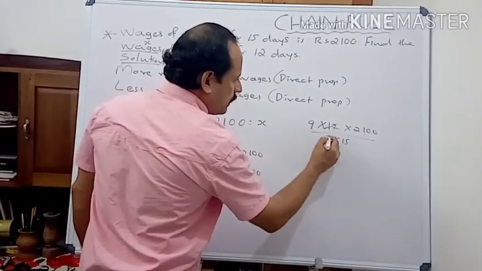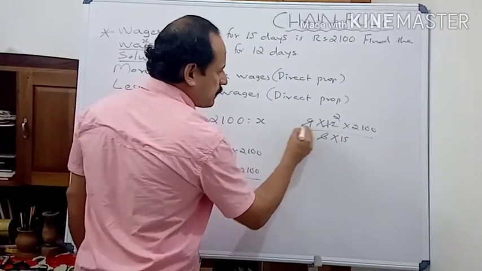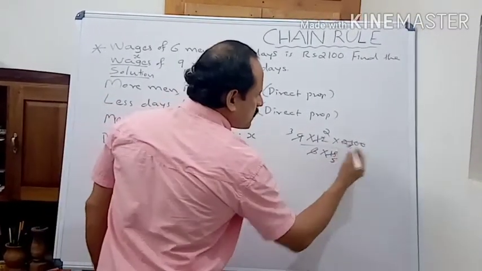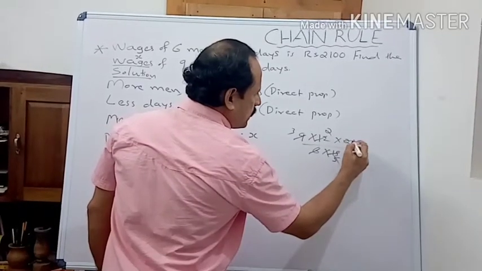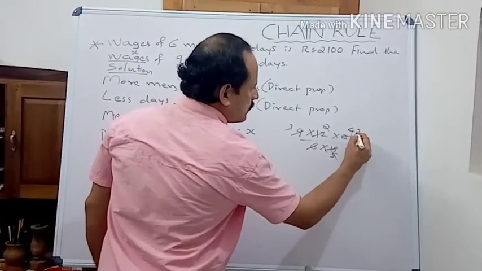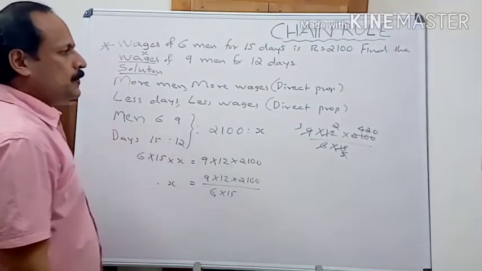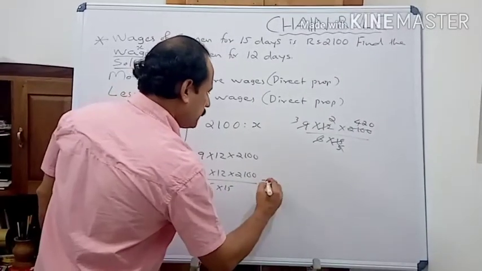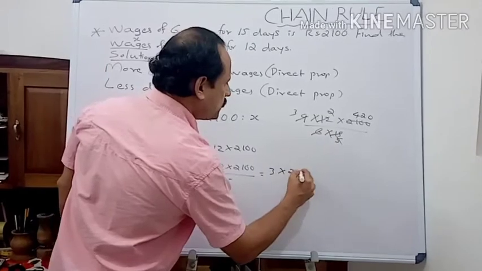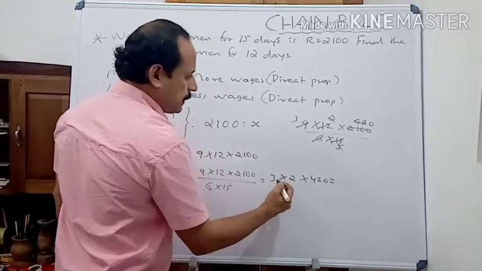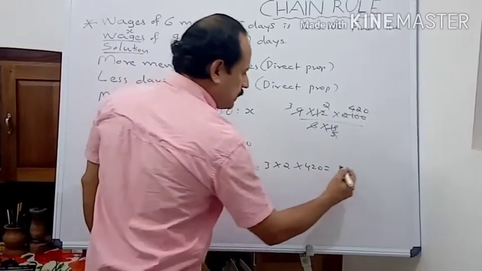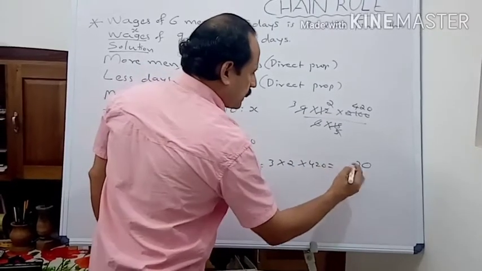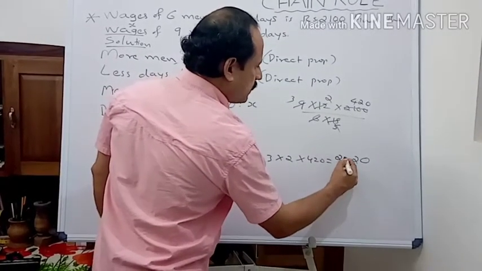Here 12 by 6 is 2. Now cancel 3 from 9 and 15. Here remains 3, here remains 5. And 2100 by 5, that is, here in 21 4 times, and this is for 20, and therefore it is 3 into 2 into 420, that is 6 into 420. 6 into 0 is 0, 6 into 2 is 12, 6 into 4 is 24, plus 1, that is 25.